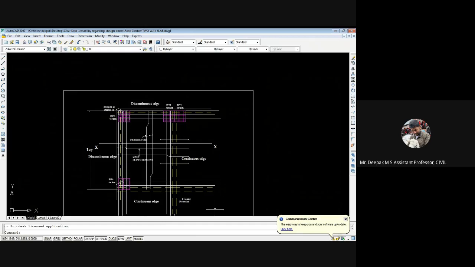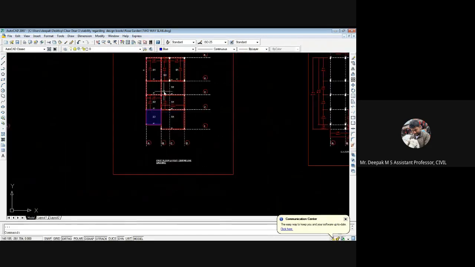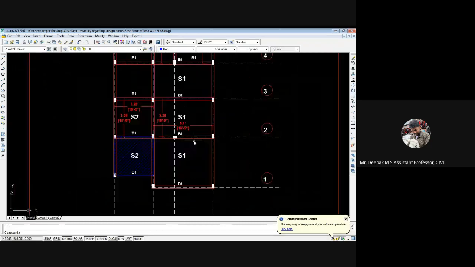So when we develop an Excel sheet for the design of a two-way slab, initially one time we develop this Excel sheet and keep it. So we can use the same Excel sheet to find for different sizes of slabs.